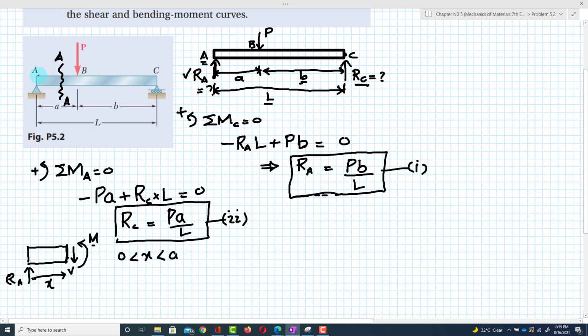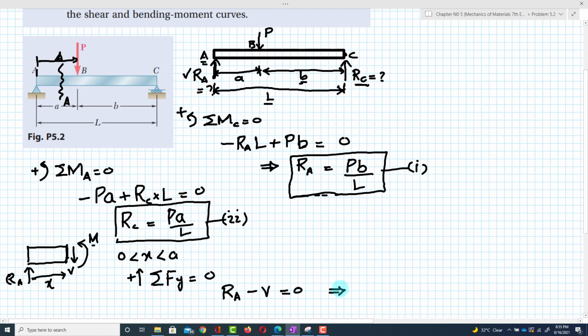It starts from here and can go till this point A, but it is less than A. So in this duration, from x equal to 0 till x equal to A, we are going to find the shear force. You can see that there is a vertical force. The sum of all forces along the y direction must be equal to 0, with the upward direction positive. RA is acting upward, minus the shear force that is acting downward.